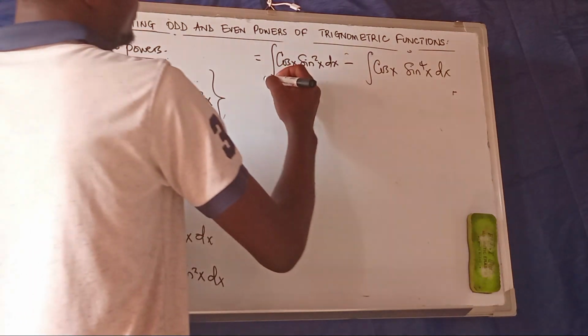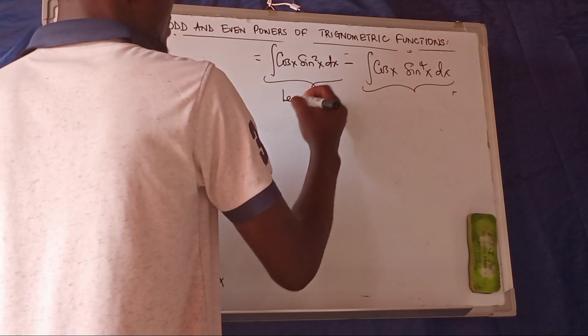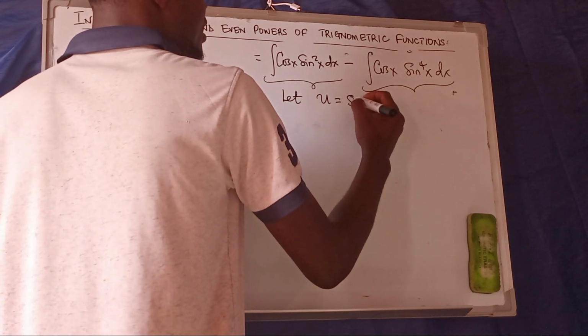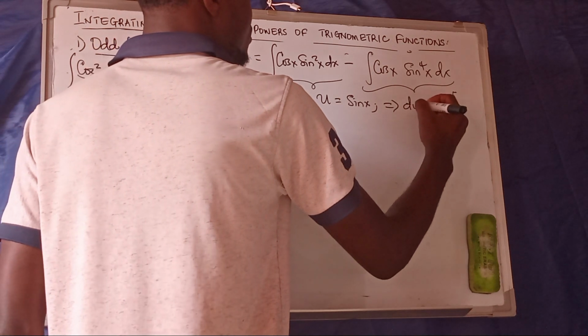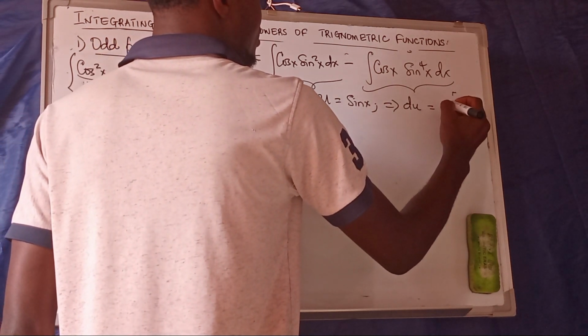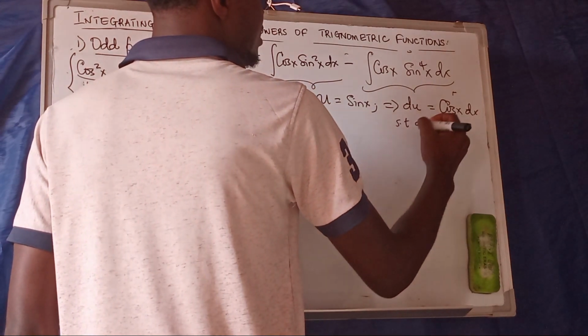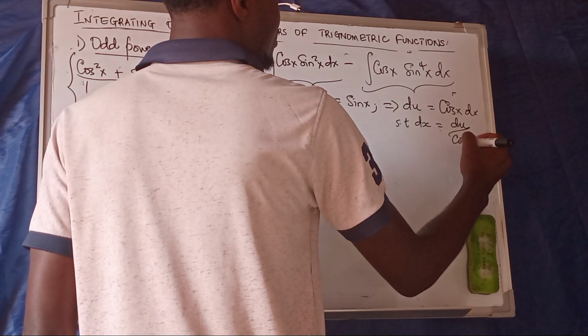So this is very easy to deal with, and this one is very easy to deal with by letting u be the sine x, because we know that du will be cos x dx such that our dx is equal to du over cos x.